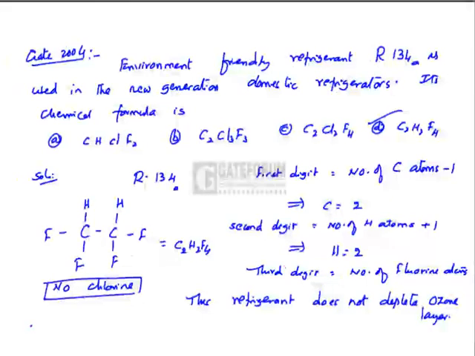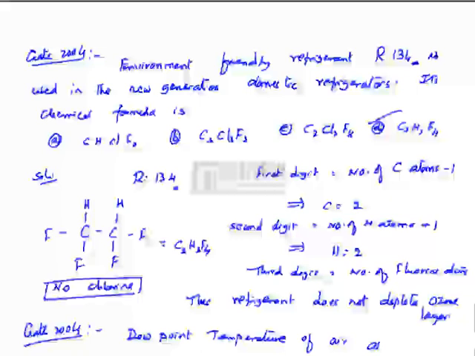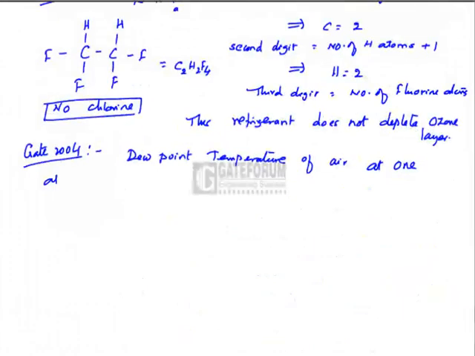Now I shall do another problem given in GATE 2004 on air conditioning. The problem is given like this. Dew point temperature of air at 1 atmospheric pressure, that is 1.013 bar, is 18 degrees Celsius.